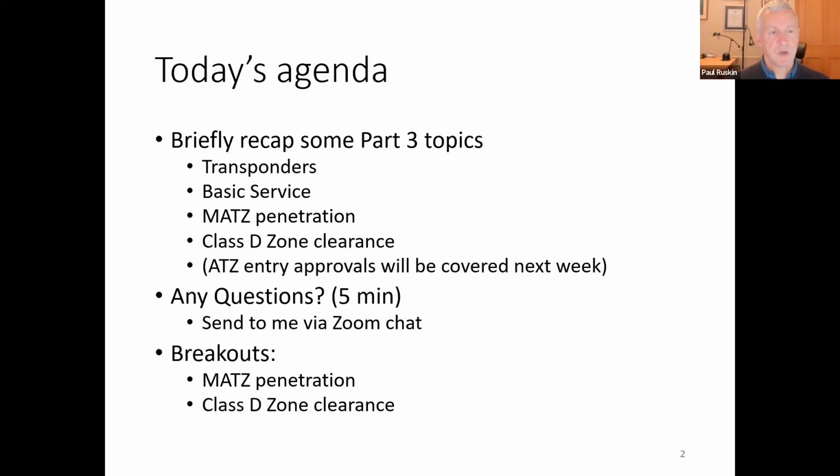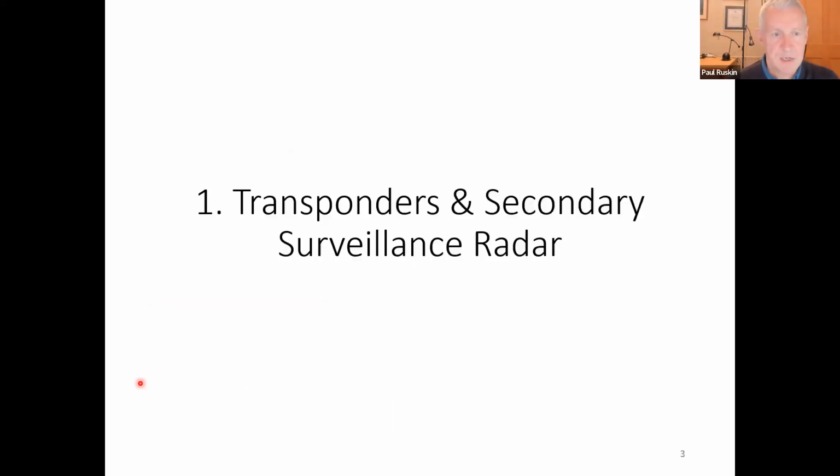Next week, we'll touch on how to get in and out of an ATZ if you want to go and land there. I'll give some opportunities for questions. And in the breakouts, we're going to be looking at the MATS penetration and the Class D zone clearance. Okay, so let's start off then with transponders and secondary surveillance radar.